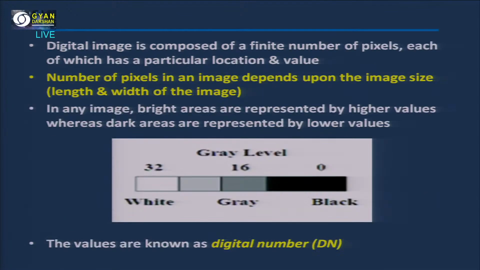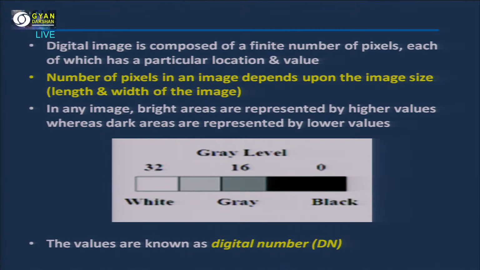Now, as we know, a digital image is composed of a finite number of pixels. The number of pixels depends upon how many rows and columns there are in that particular image, and each of the pixels has a particular location and a value. The number of pixels in an image depends upon the image size, so what is the length and width of the image?